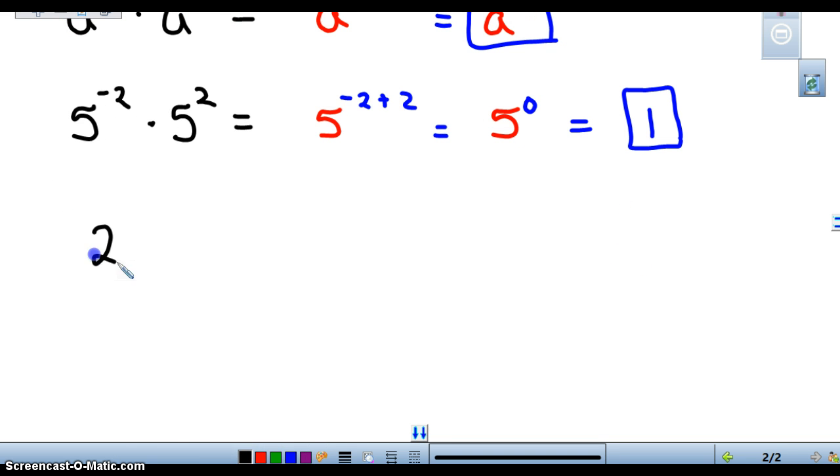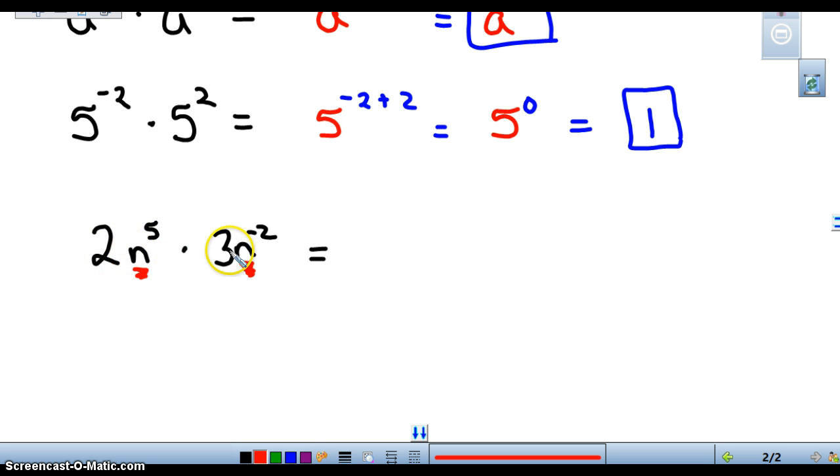Let's say we have 2n to the 5th power times 3n to the negative 2 power. So what is our base in this problem? N is our base. So the rule we just learned only applies to n, right?